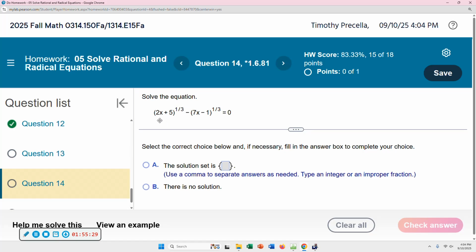Let me write it down, and then I'm going to tell y'all that this problem is exactly like the one we just did. Actually, number 12 is easier than the one we just did. But at first glance, you think it doesn't look anything like it. It doesn't look like a radical equation.